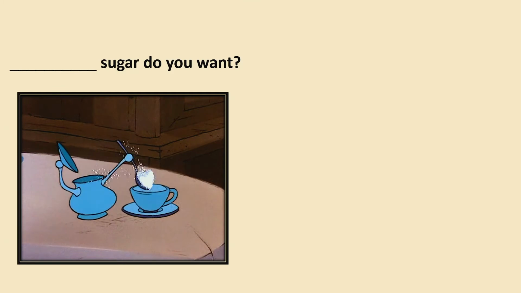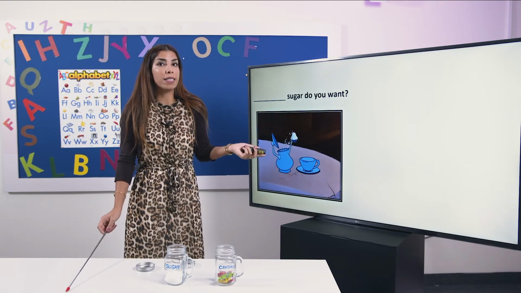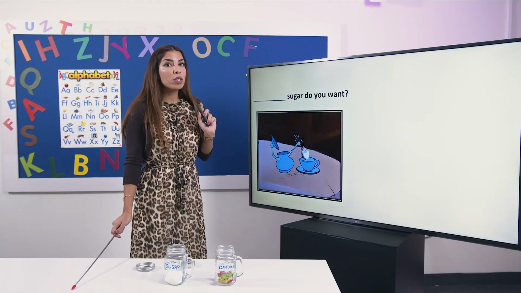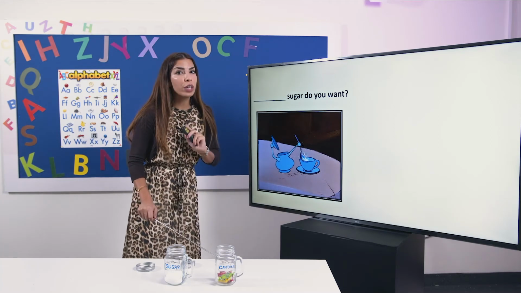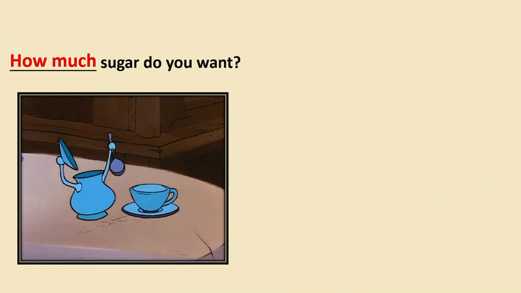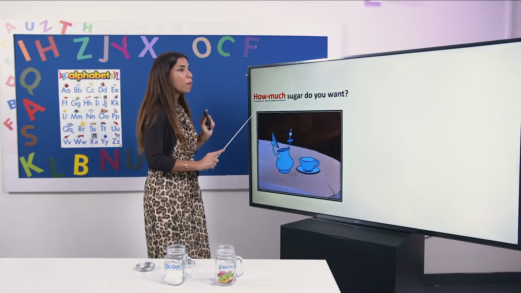We just said that sugar is uncountable because I cannot count the sugar, right? Okay, so when I want to ask about the quantity of sugar, I use how much. How much sugar do you want? With uncountable nouns, I always use how much.